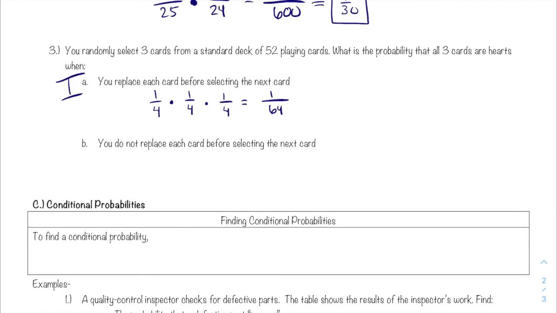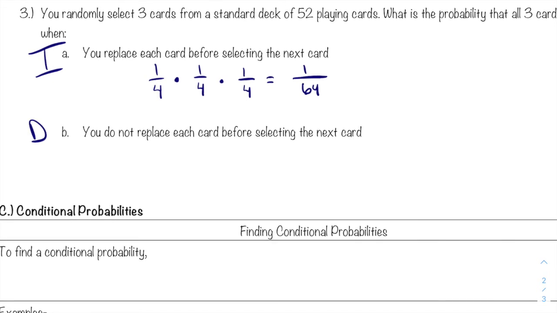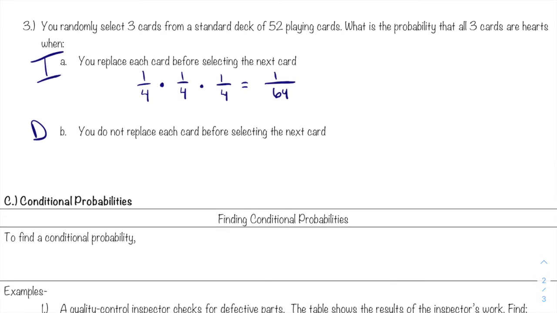So now let's do this when we do not replace them. So like literally getting 3 hearts in a row and keeping them. This one's a lot more going on here because you're reducing. Now, remember that there are 4 suits, so it's 13 hearts out of 52, or 1/4.